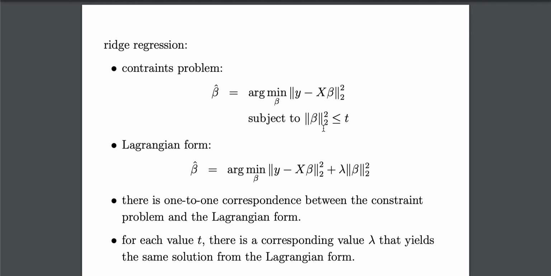Essentially, we're saying that the betas, if it's a vector, should be within a sphere of radius square root of t. So we're saying take the origin, draw a hypersphere around it with radius square root of t, and within that hypersphere find the beta that gives us the smallest residual sum of squares.